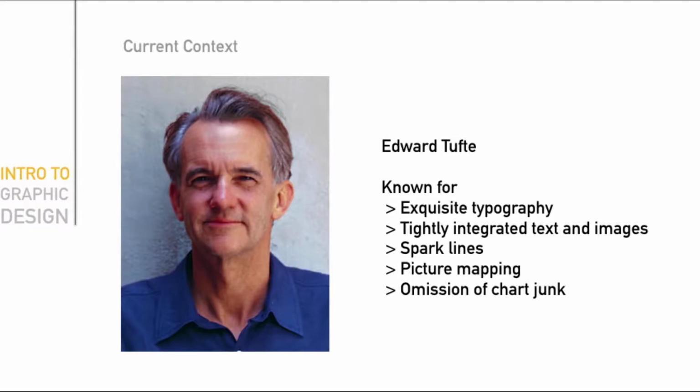He's known for picture mapping, which is taking an image and basically slicing and dicing it structurally and compositionally into its basic geometric construct. And he's also a strong component of omitting anything that's not relevant, anything that's decorative, what he calls chart junk.